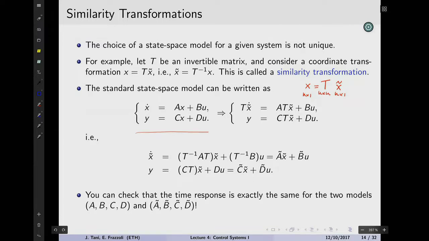Now, it's actually a coordinate transformation if it admits an inverse, so we can say that this is true as well.